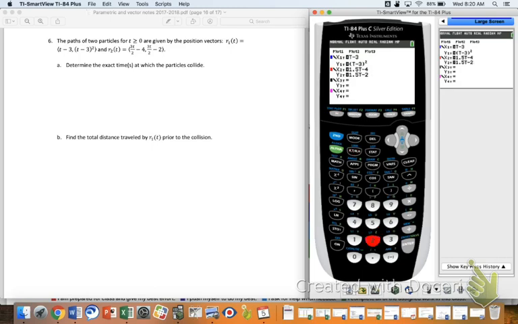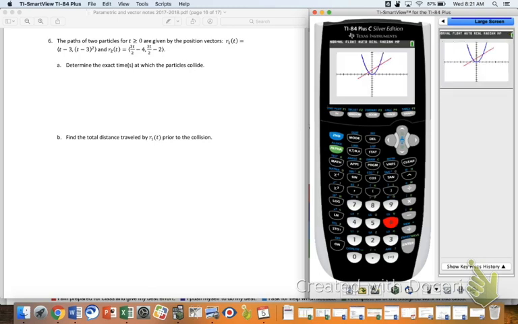I'm just going to hit zoom 6 from a graphing perspective. Okay, that works. I basically got a parabola segment and a line segment, right?